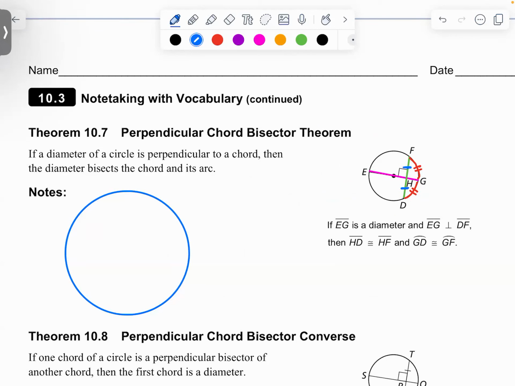So we're going to draw a picture of circle C, where GE is the diameter, and we have a chord, DF, that is perpendicular.